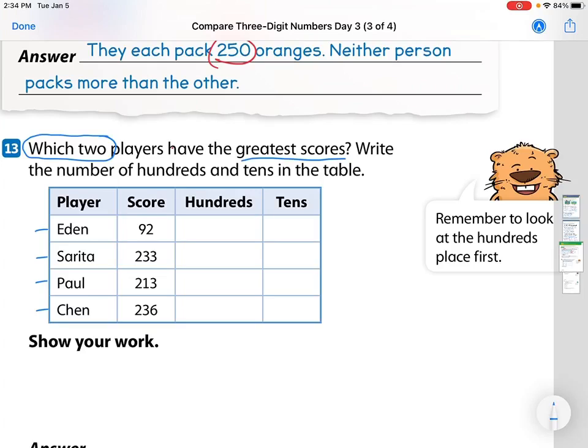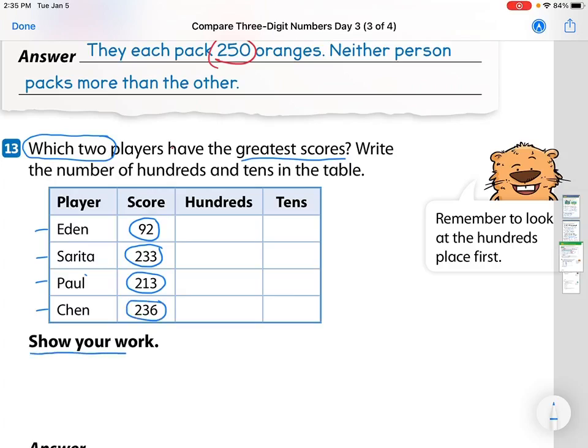So let's just first take a look at the numbers that we have in our chart. It says Eden has a score of 92, okay? So I want you to think about that when you go to fill in the chart. They want us to put how many hundreds and how many tens. Sarita has 233. Paul has 213. And Chen has 236.